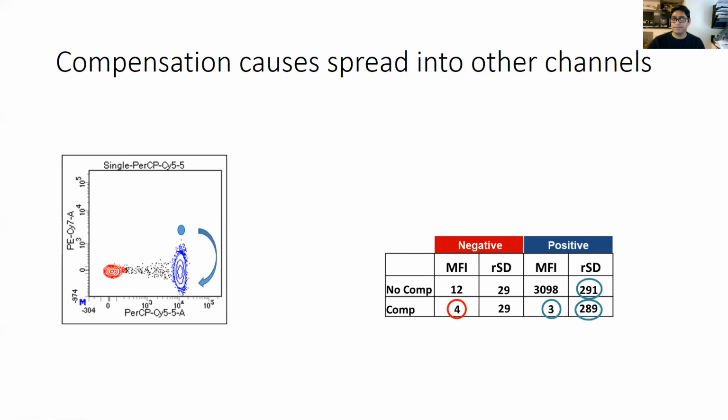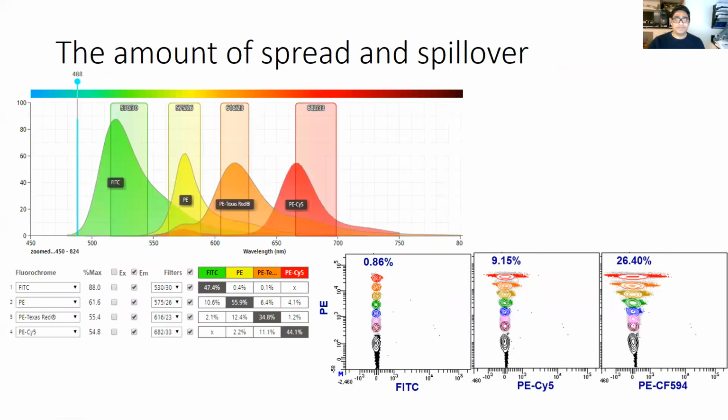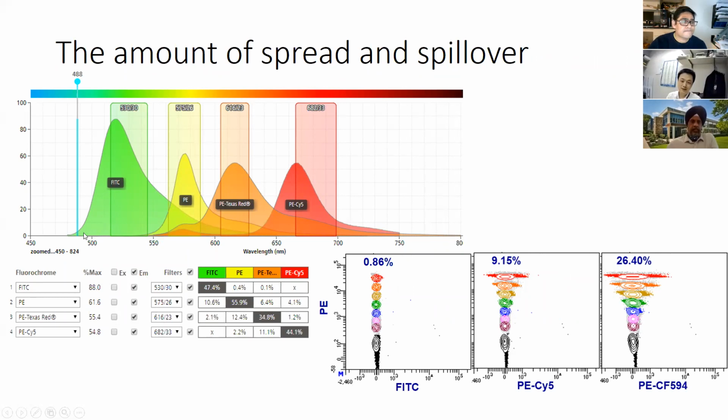So why does that happen? Previously we looked at two color spectrums. Now we look at four colors. We're increasing to four. Again, this is similar. Each curve represents the emission light of this excitation: PE, PE-Texas Red, PE-Cy5.